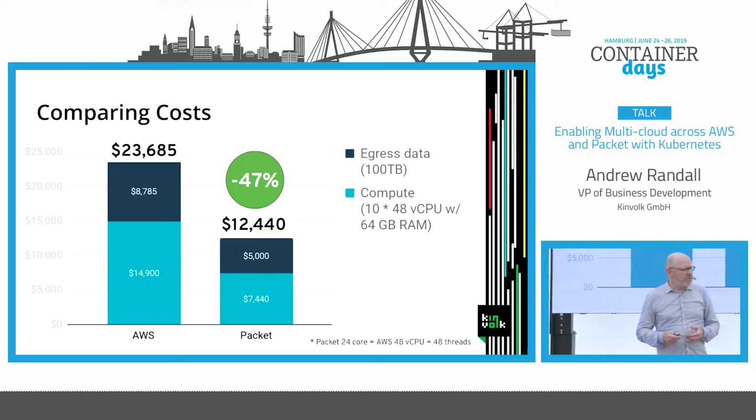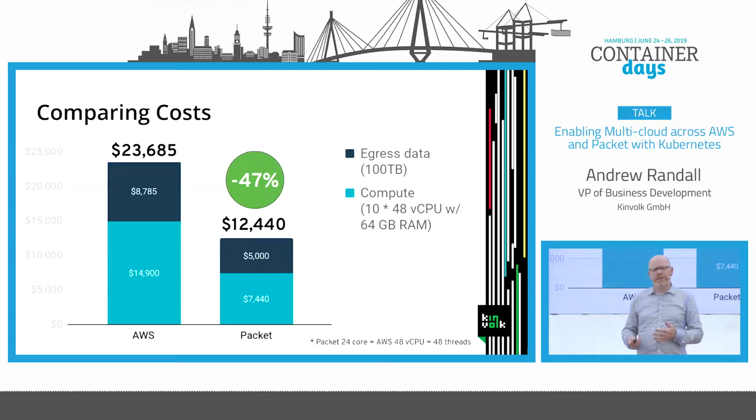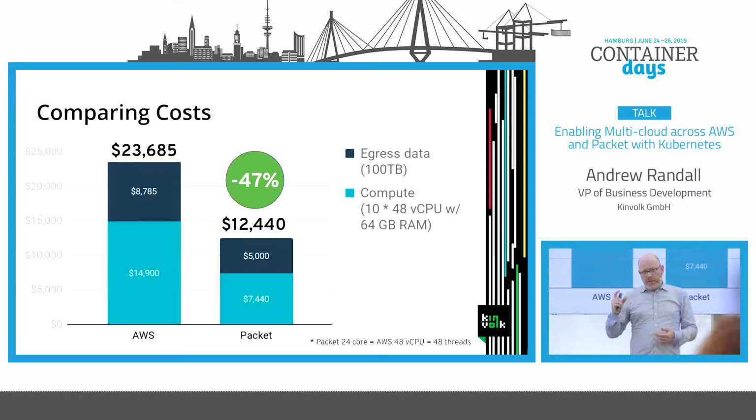And you can see actually both compute and egress are significantly lower. In this particular example, I think in the case we're talking about, the difference on the egress traffic was even more substantial than this. But it gives you an idea of what the driver is.